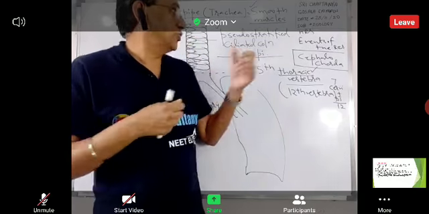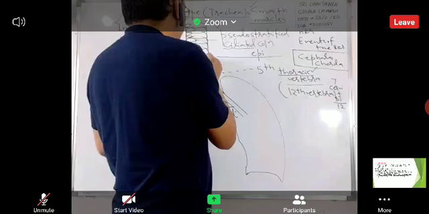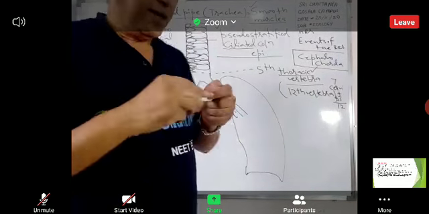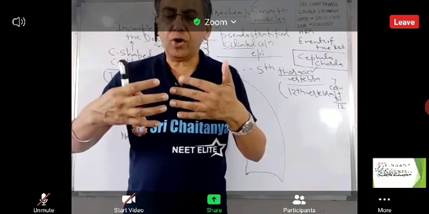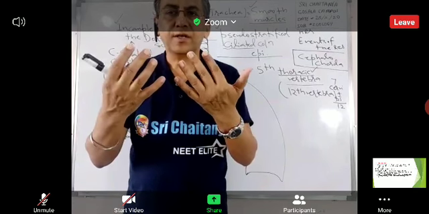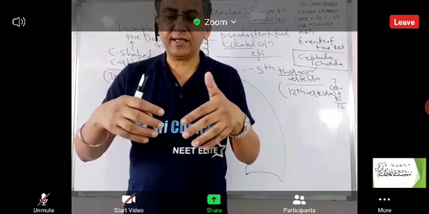Being ciliated, they have cilia on their free surface. The cilia present here can move only in the forward direction. They are not able to move in the backward direction.